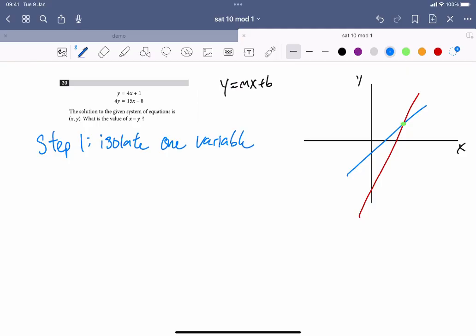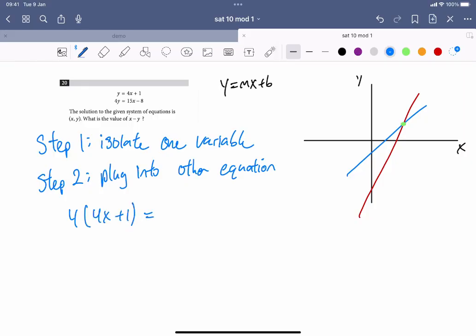So we can plug that into equation 2. So let's write that out. We would get 4x plus 1 equals 15x minus 8.